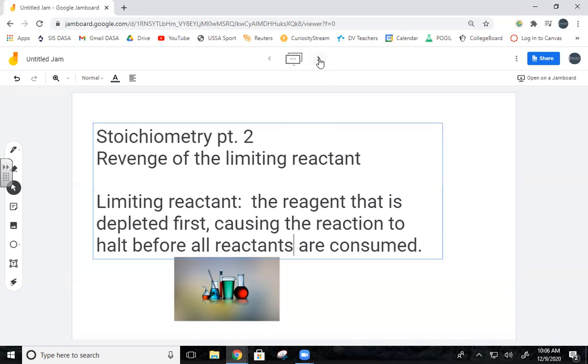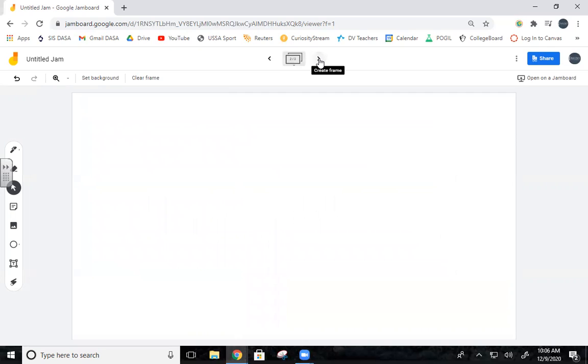All right, let's keep on going. So limiting reactant. Let's just do our classic example of a reaction. Let's do good old methane, O2. I'm gonna screw this up, but so far this is looking pretty neat.